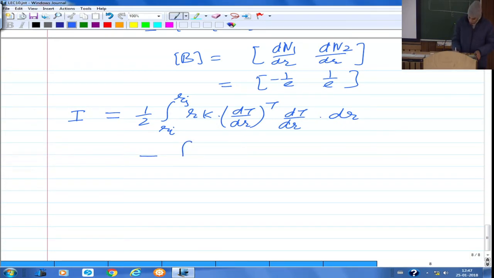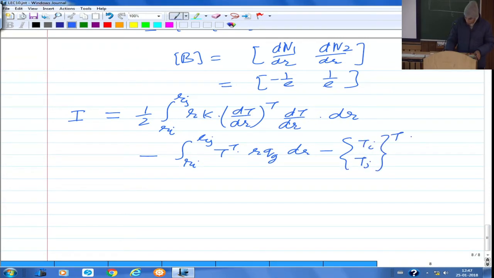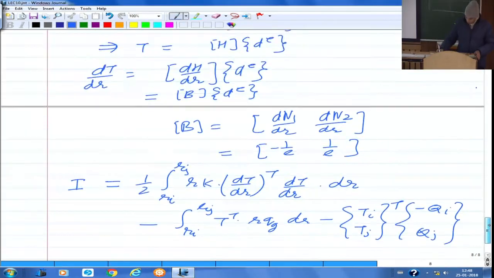Then the second term is minus integration from Ri to Rj of T transpose into R into Qz into dr. The last one you can write as Ti, Tj transpose, and then the first term is minus Qi and plus Qj. These are the first two terms.